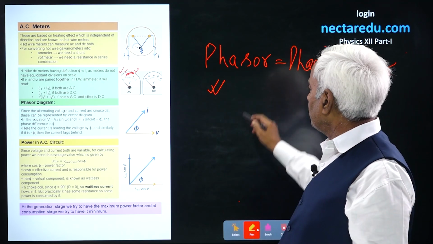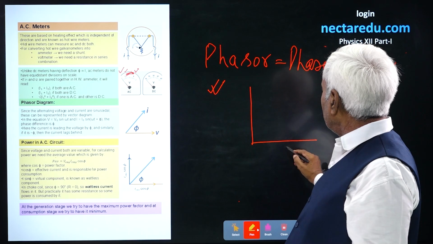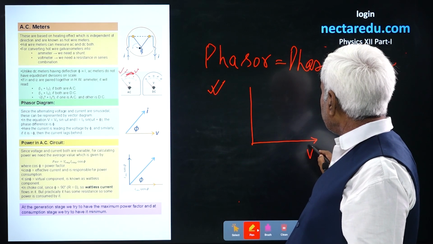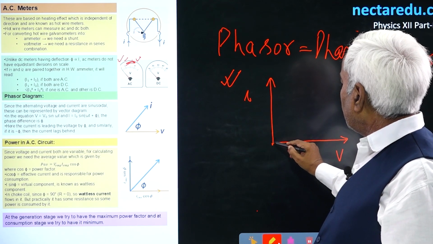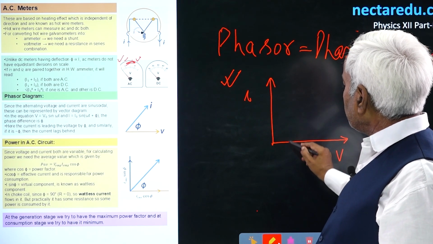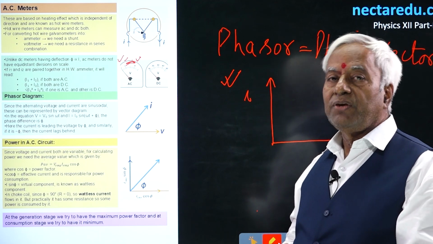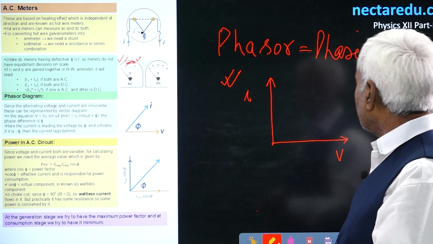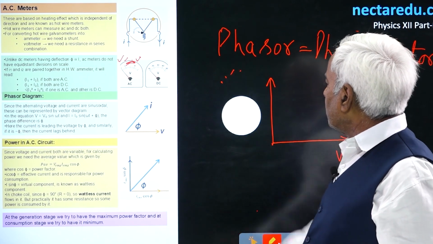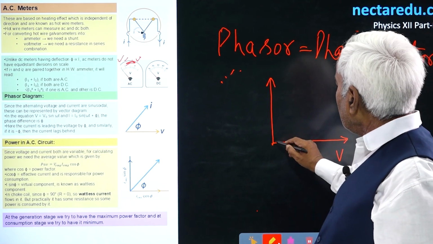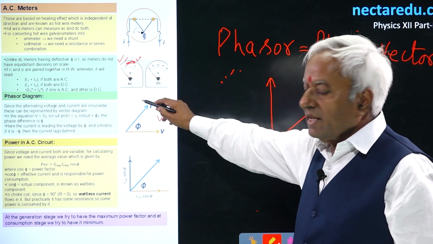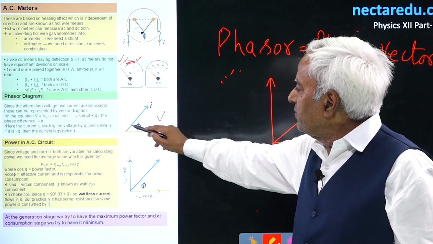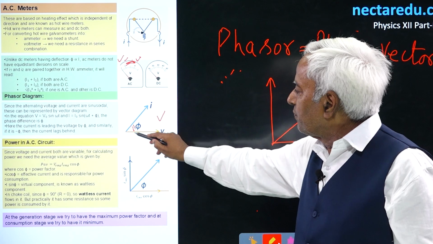And what is done over here, we use voltage and current as the vector, and the difference between them, their phase difference, is shown over here. Suppose it's not 90-degree phase difference, it's here. It's clearly shown over here, current, voltage. The phase difference here between the two is phi.